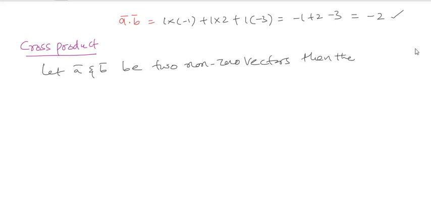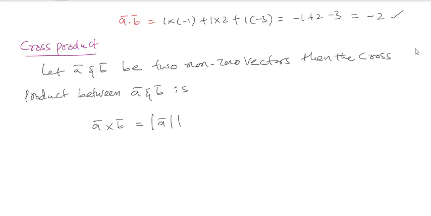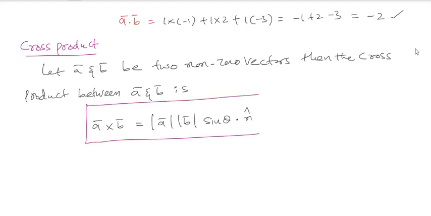Then the cross product between A bar and B bar is given by A bar cross B bar is equivalent to mod A bar into mod B bar into sine theta n cap. So unit vector you have to consider. This is the difference between your earlier dot product and cross product.